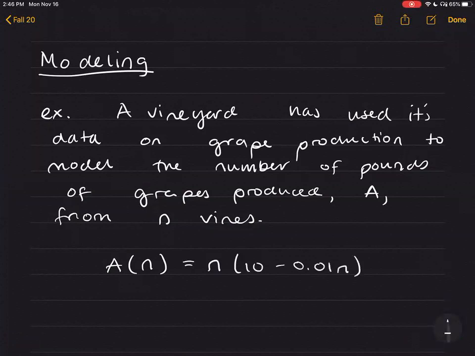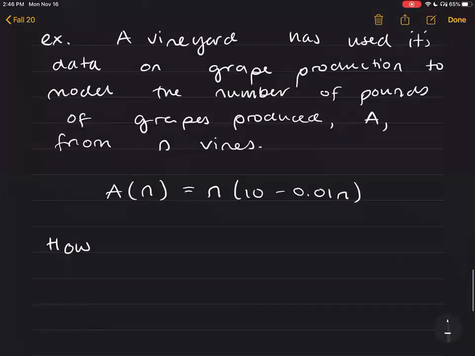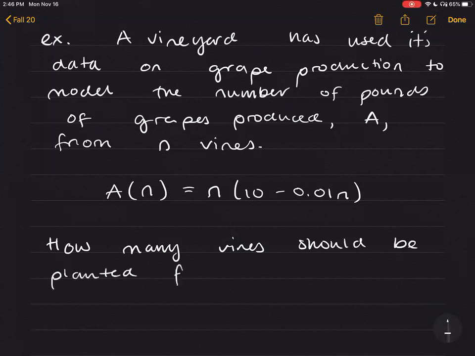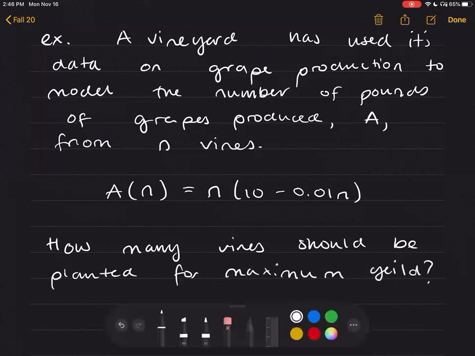So my first question is, how many vines should be planted for maximum yield? So the key word here is maximum.